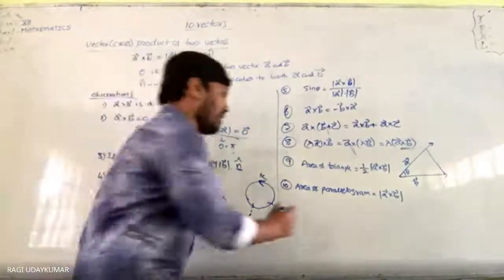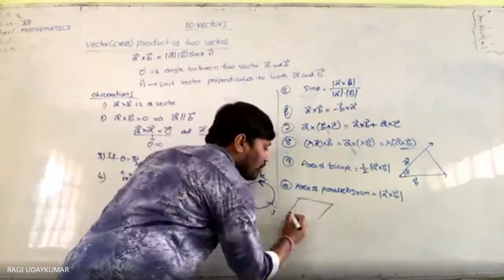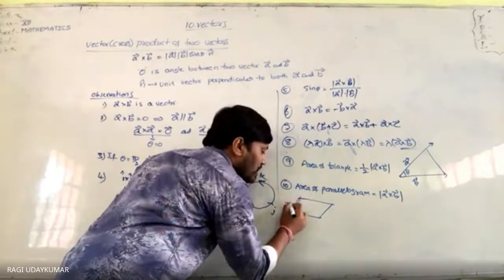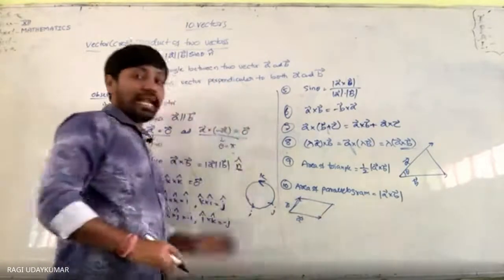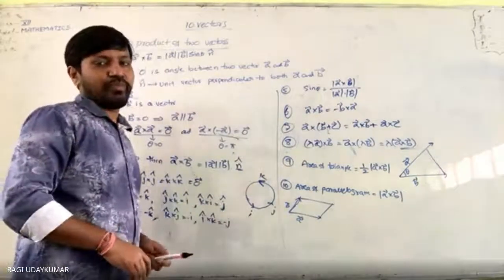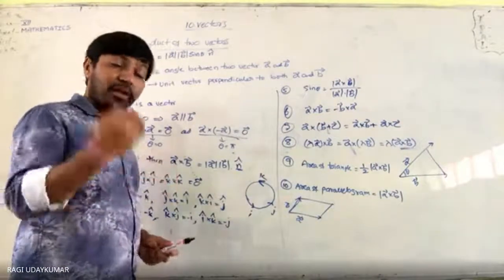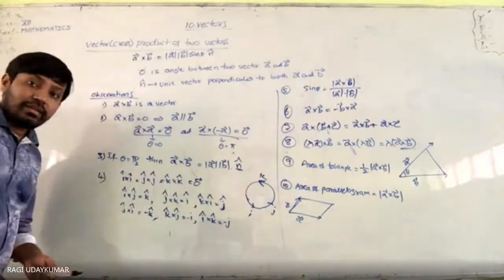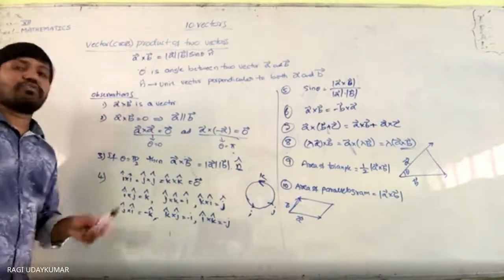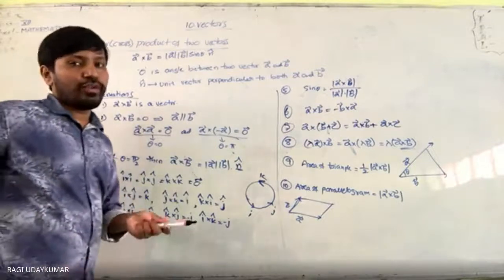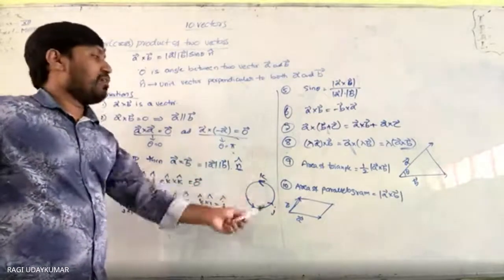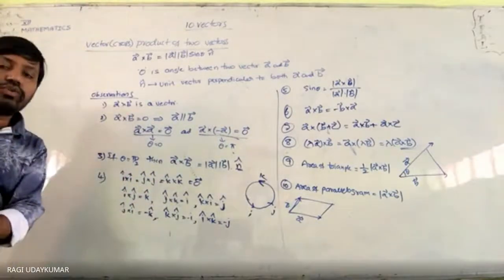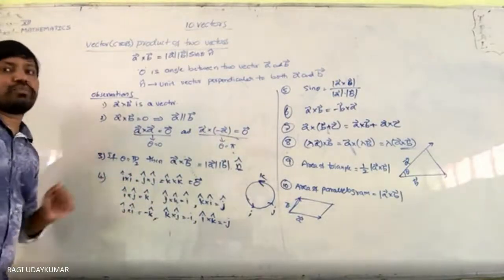In the same way, if a parallelogram is given to you, from here to here this is A, and from here to here this is B. These two vectors are adjacent sides of the parallelogram. Then if you find their cross product and its magnitude, that represents the area of the parallelogram. So these are the main observations you need to know in respect of the cross product of the two vectors.